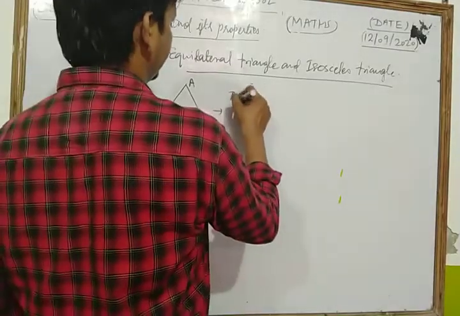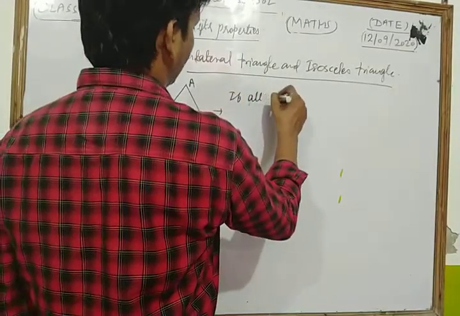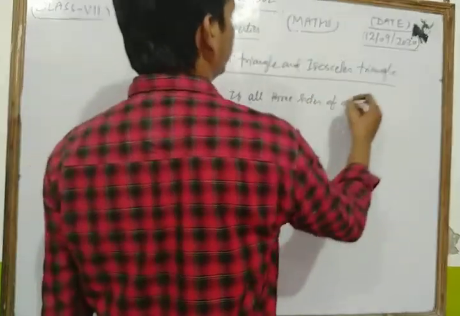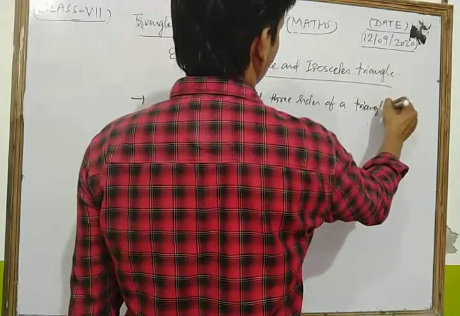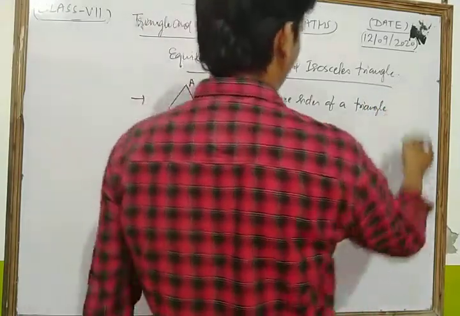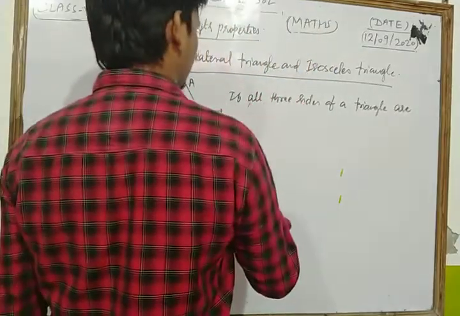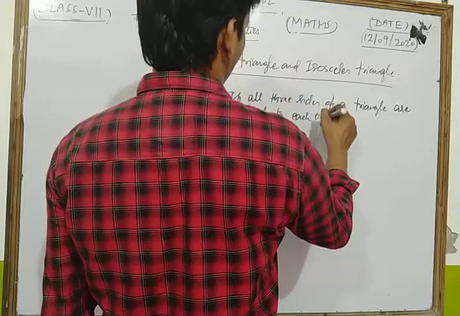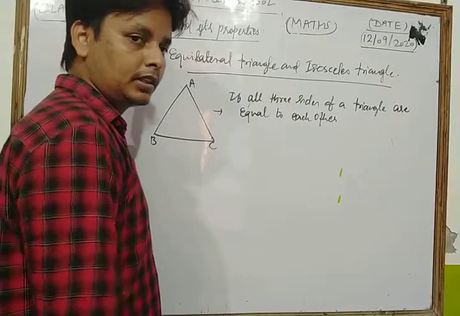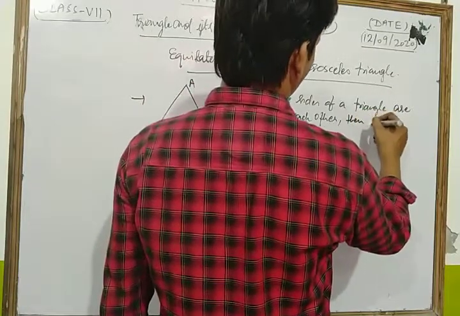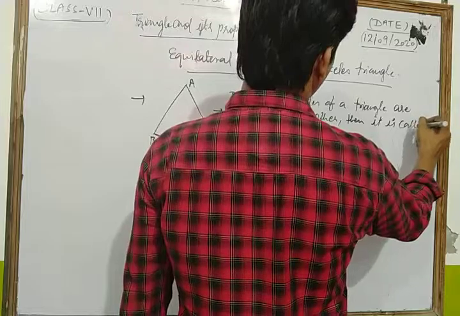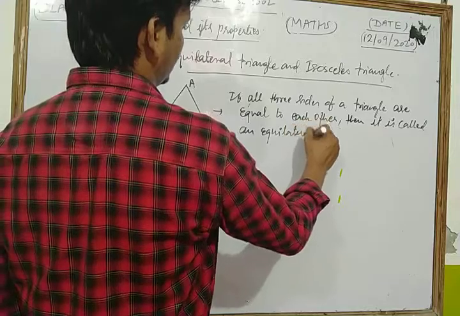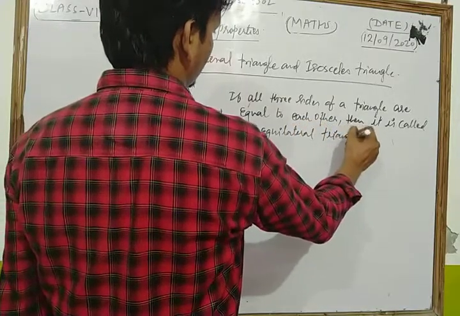If all three sides of a triangle are equal to each other, then it is called an equilateral triangle.